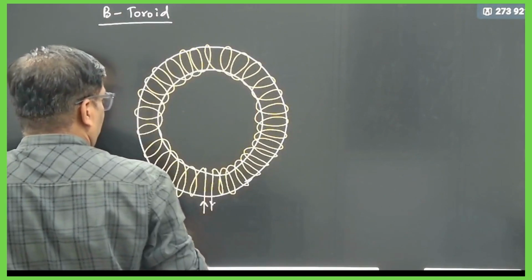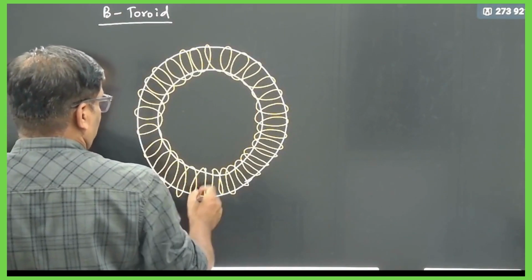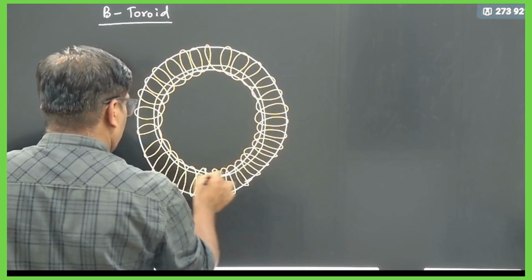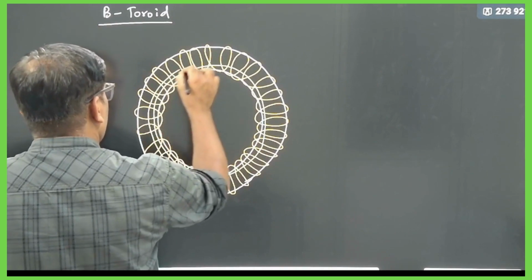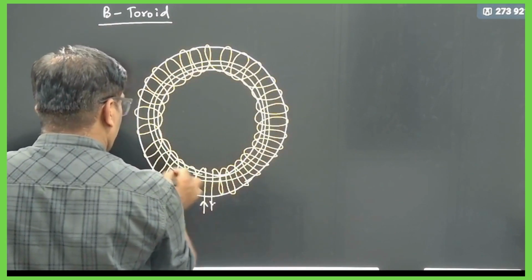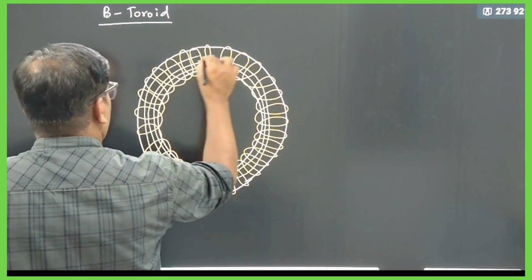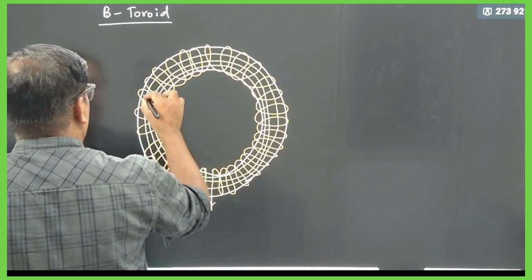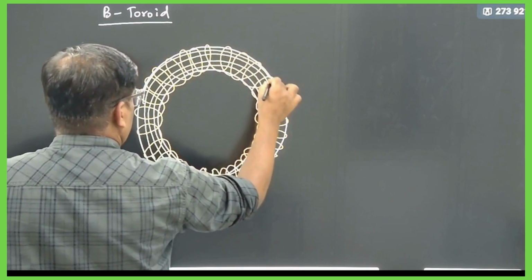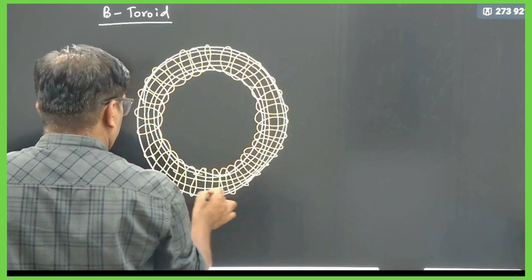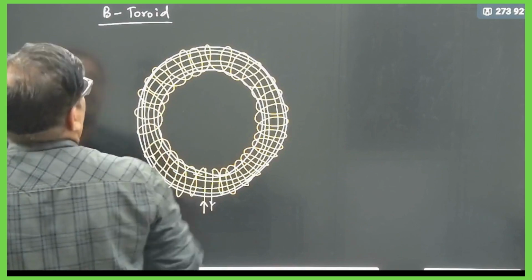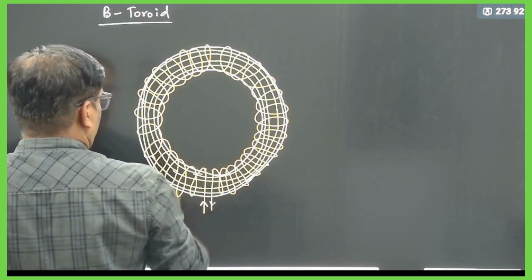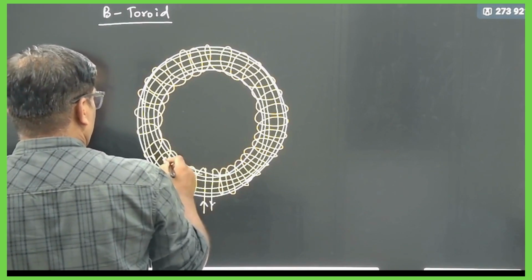Based on the current direction, the magnetic field will be generated. As we saw, the magnetic field will be confined to this region only, in the form of concentric circles. So this is your magnetic field here, inside the toroid.